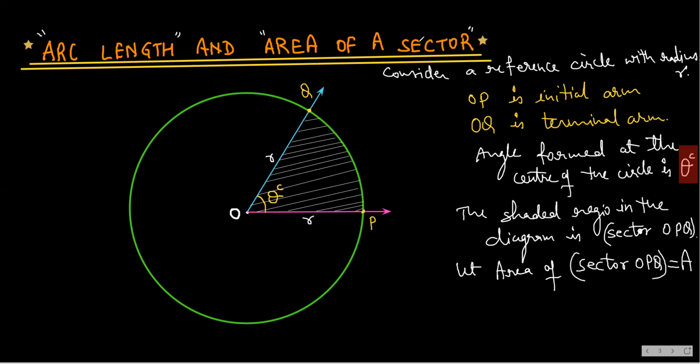And I assume the next one as the length of the arc PQ: let the length of arc PQ be equal to S. These are all usual notations.